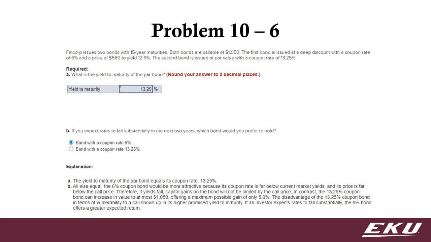And if you're going to be holding a bond, all else being equal, if you expect rates to fall, right? If you're holding a bond that's already low, so if the yield were to fall, the capital gain is going to be limited, so that's really what we're looking at.